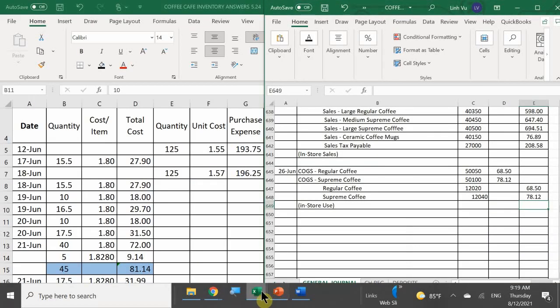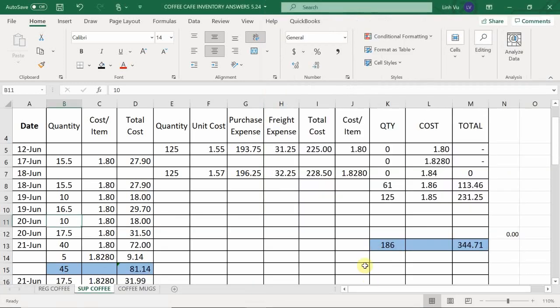Can you go back to the inventory and Supreme, please? Because I'm missing something here. Okay.